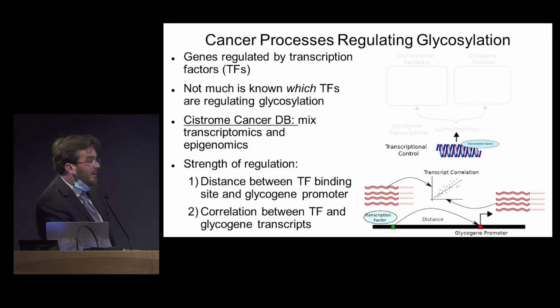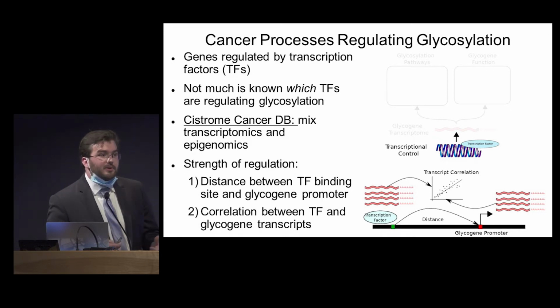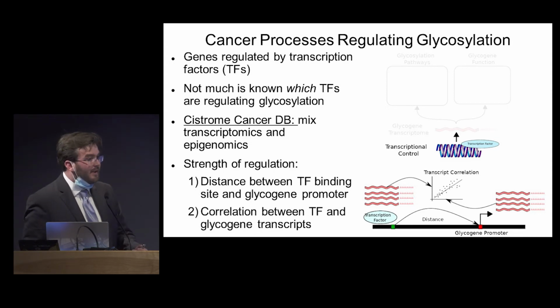These two metrics are used to assert how strongly a transcription factor is regulating something. After this, we can use these metrics to figure out which transcription factors are global regulators of glycosylation, as well as what types of communities of transcription factors are regulating different glycosylation pathways.